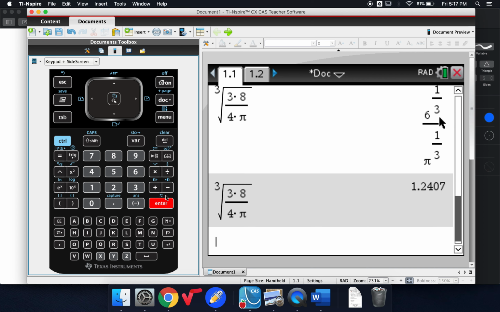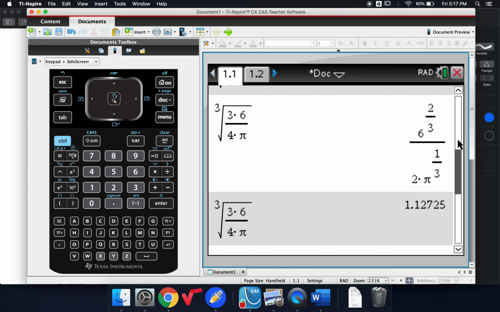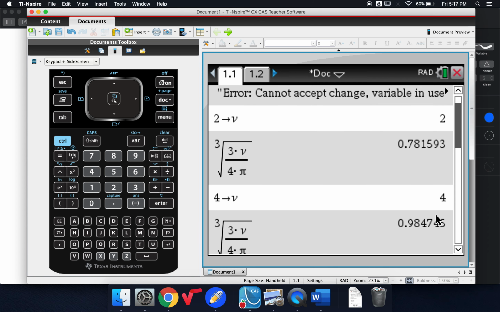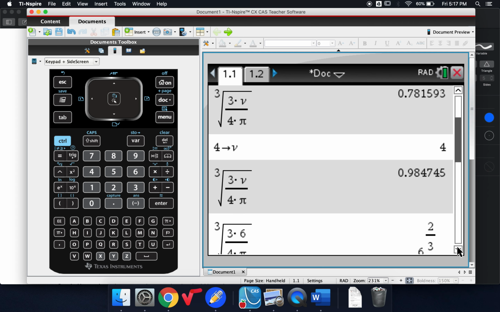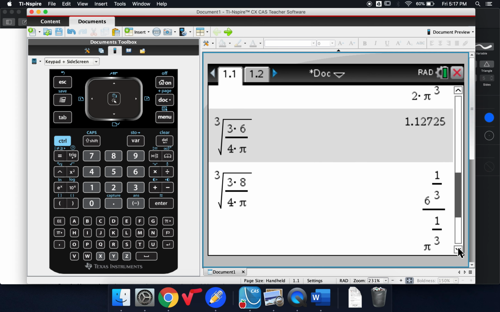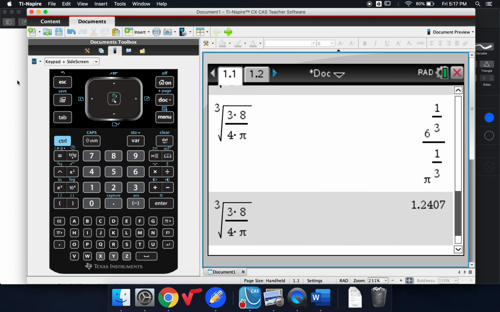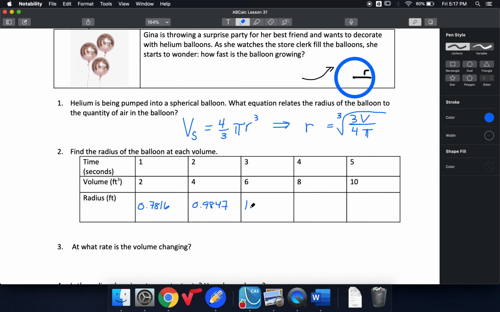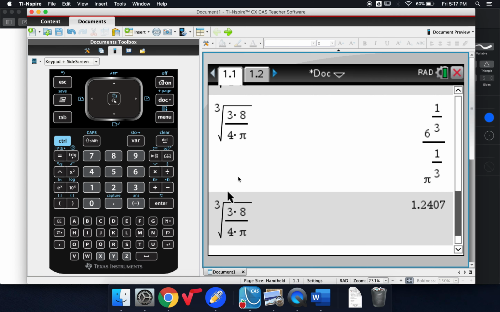Control Enter. Okay, so we have 1.1127, and 1.2407.